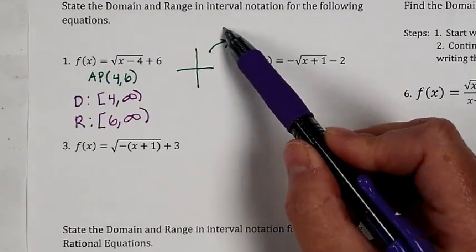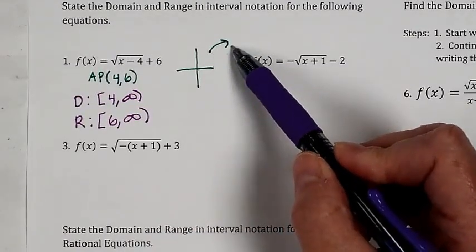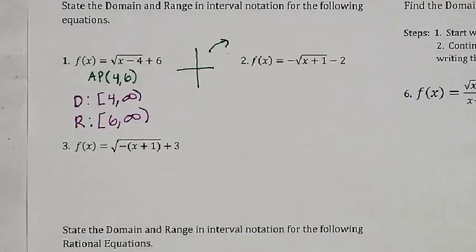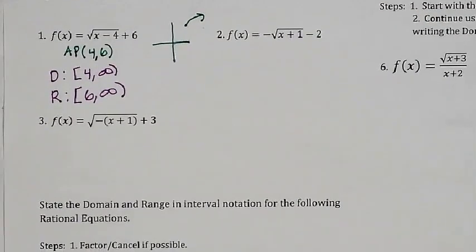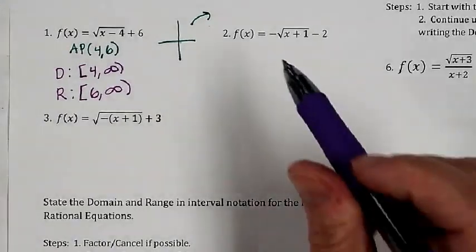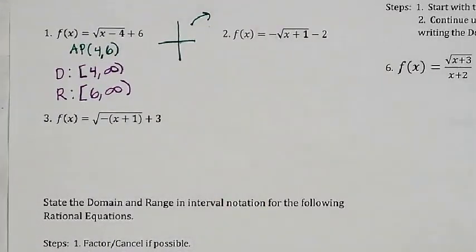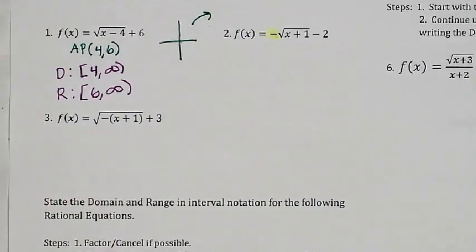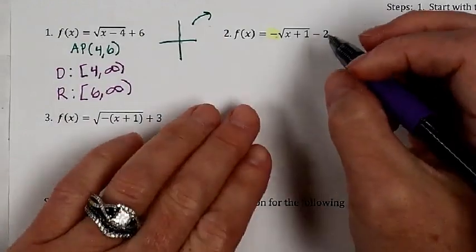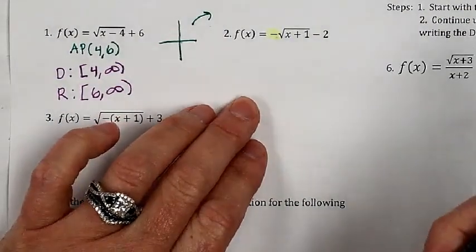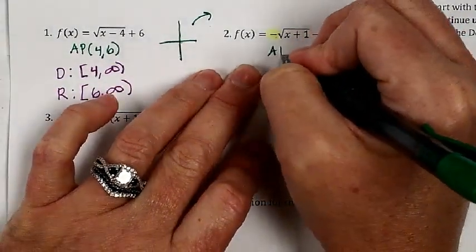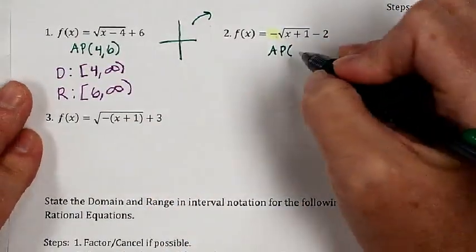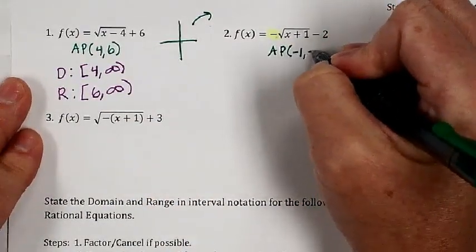The only other thing that would affect it would be whether we have a negative or not, because that is a reflection. So if you look at number 2, we have a negative on the outside here. First, let's give our anchor point. So what's my anchor point? -1, -2. Now I have this negative on the outside. Negative is a reflection.